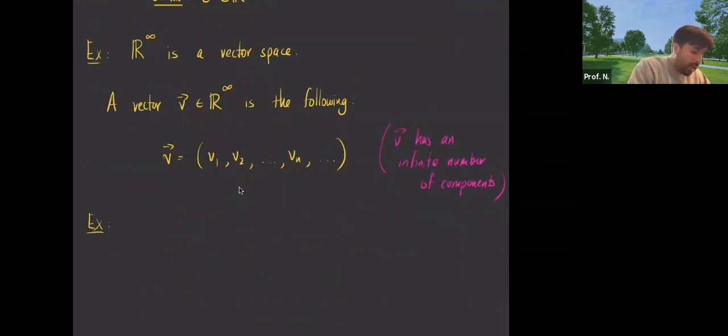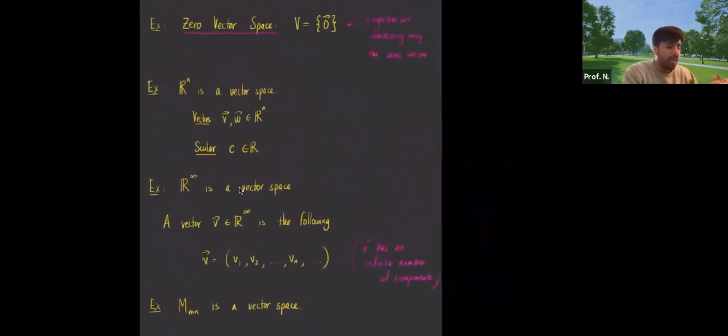Of course, we have the notation M_mn, which is a vector space. So we've been going from the zero vector space to the n-dimensional vector space, Rn. And then we have R to the infinity symbol here, which is also a vector space where the vectors have an infinite number of components.